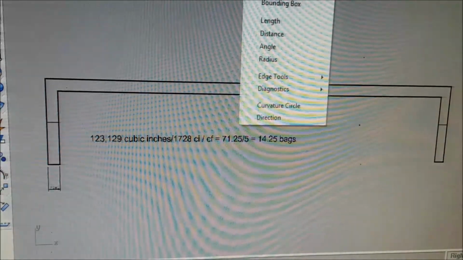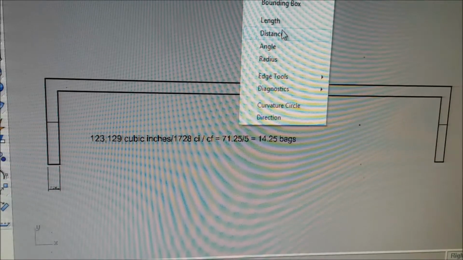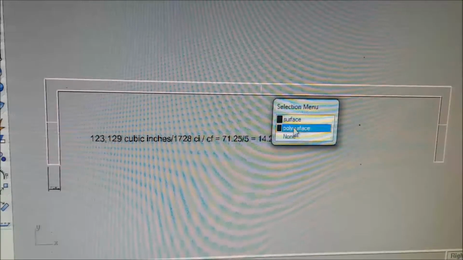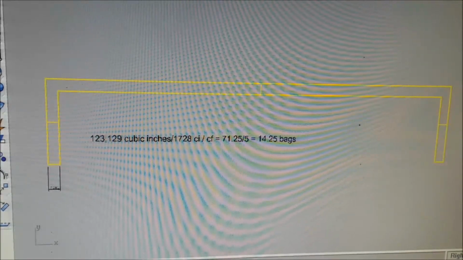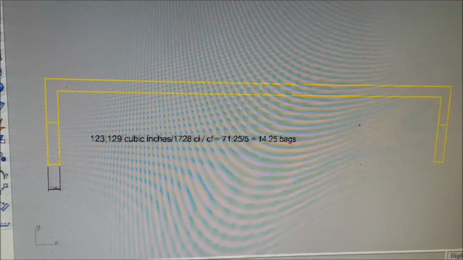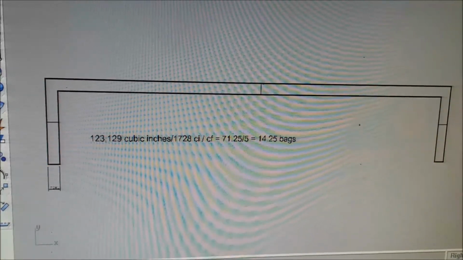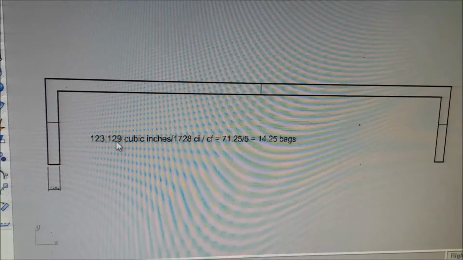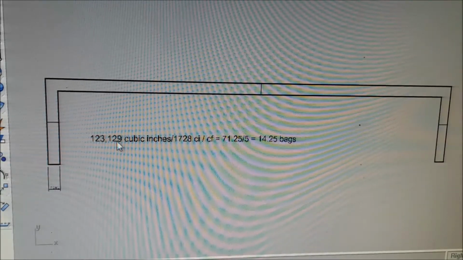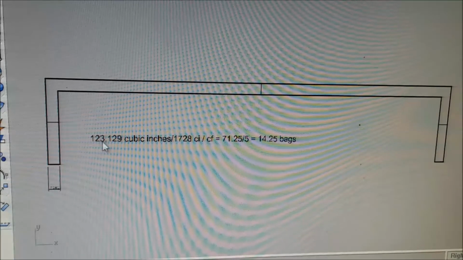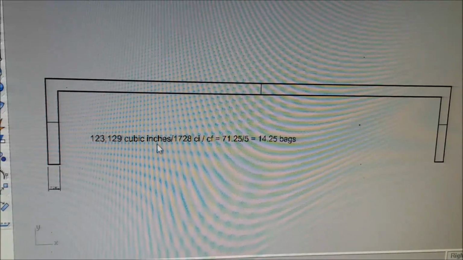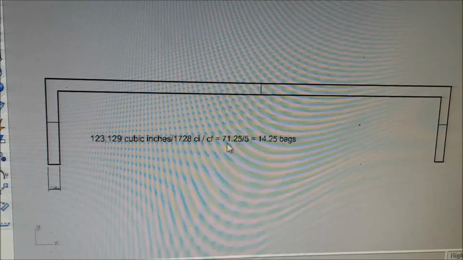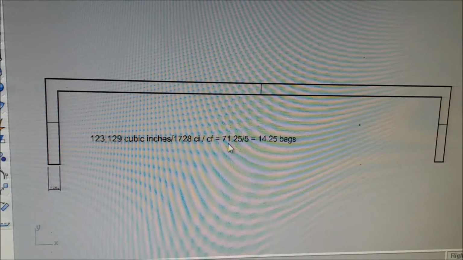So analyze mass properties, volume, this polysurface, and I'm going to push enter. 123,129 cubic inches divided by the same 1728 gives you 71.25 cubic feet.